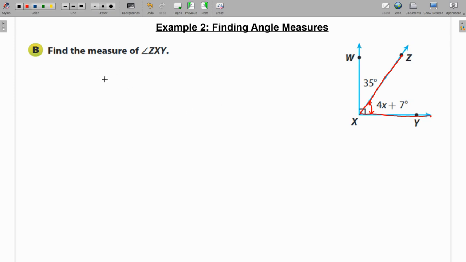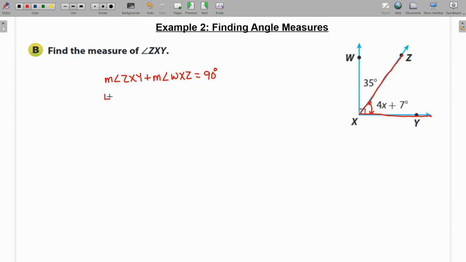So what we can do is say that the measure of angle ZXY plus the measure of angle WXZ should be equal to 90 degrees, because when you have two angles that are complementary to each other, they're always going to be equal to 90 degrees. In this example, we know that the measure of ZXY, they've already told us, is 4x plus 7.